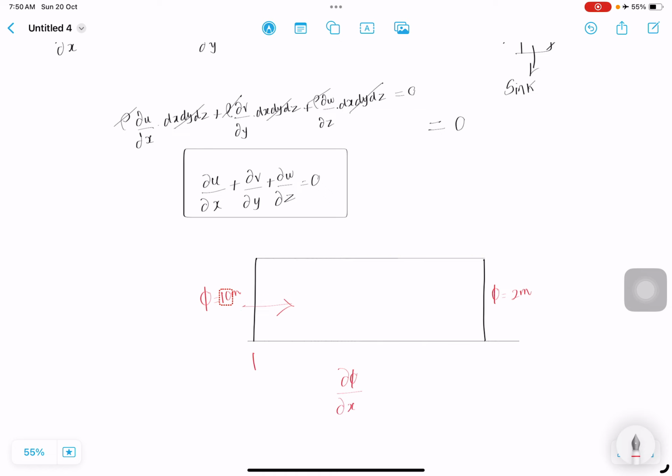Assuming that this is separated by a small distance del x, for a very small distance, dou phi by dou x should be proportional to the velocity u. That's how this equation comes, because the velocity is a manifestation of the difference in pressure. The difference in pressure is what is actually producing the fluid flow.